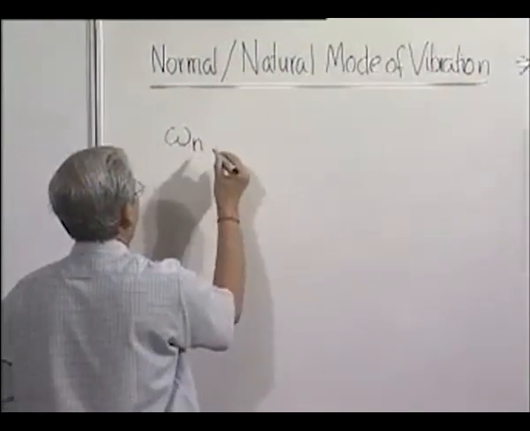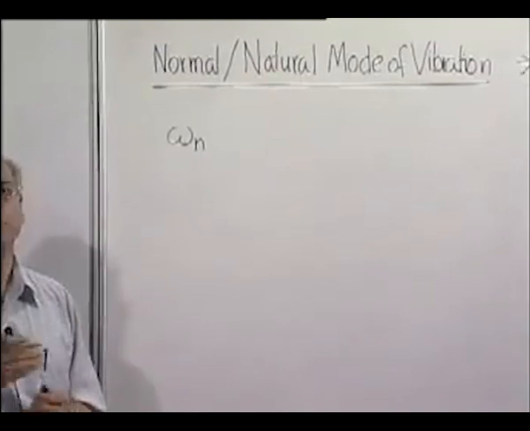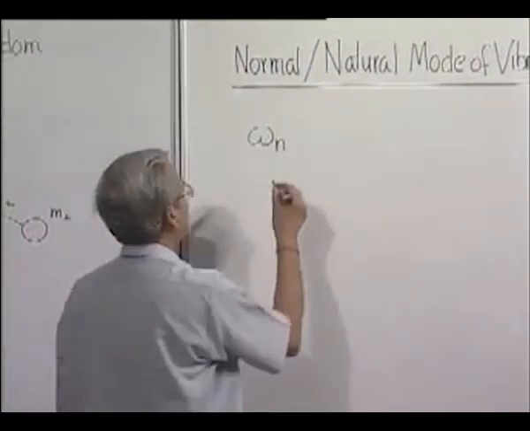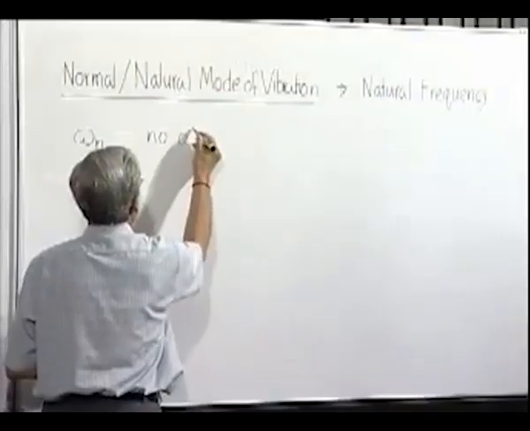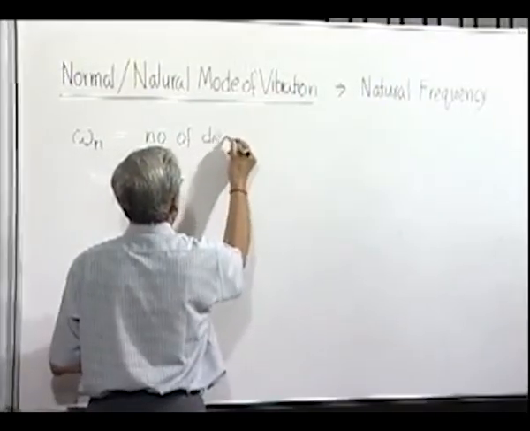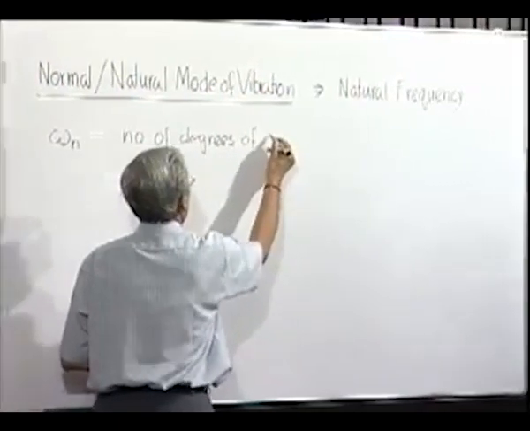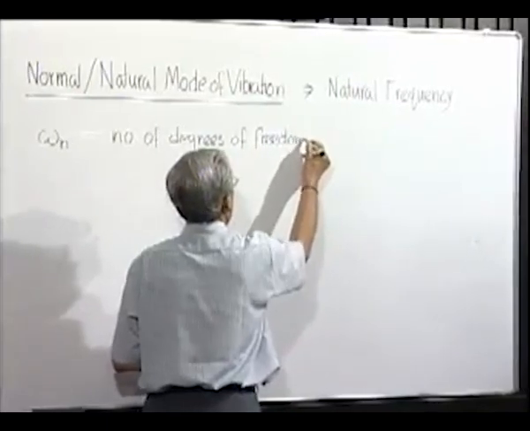Next question will be how many such natural mode vibrations will exist and how many corresponding natural frequencies will exist. Now that will be exactly equal to the number of degrees of freedom. So the number of natural frequencies omega n will be the number of degrees of freedom.